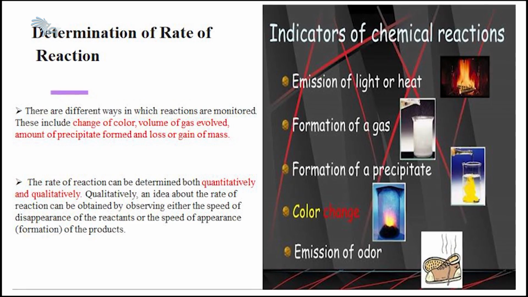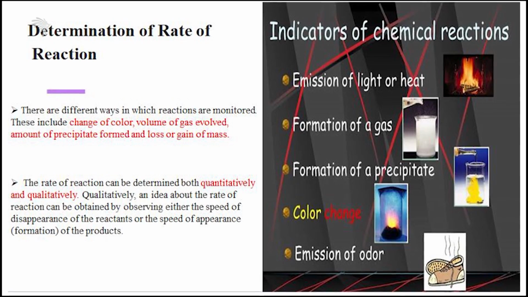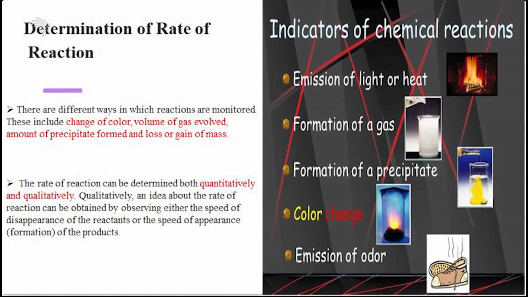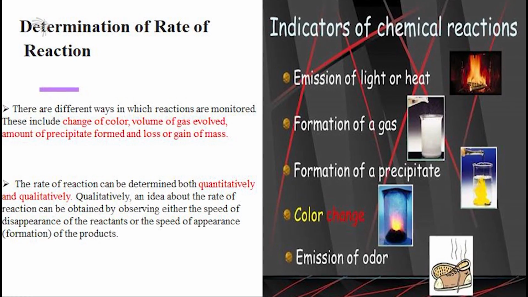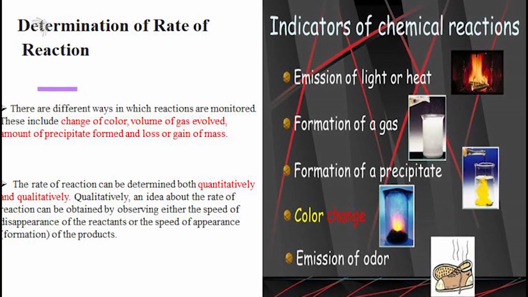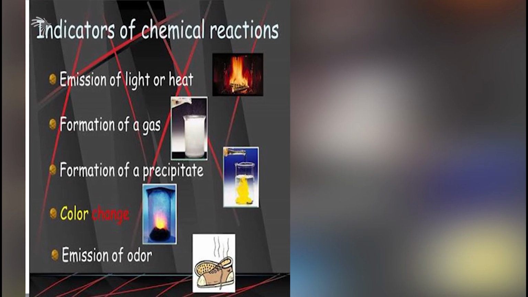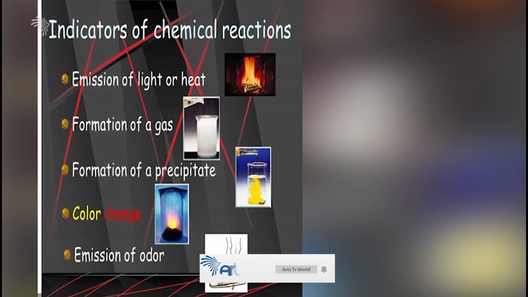Well, it's a very simple question because in your lower grades, you learn a lot about this. When you learn about chemical reactions, you also learn about those signs or indicators that help us to know whether a particular chemical reaction takes place in a chemistry laboratory or not.